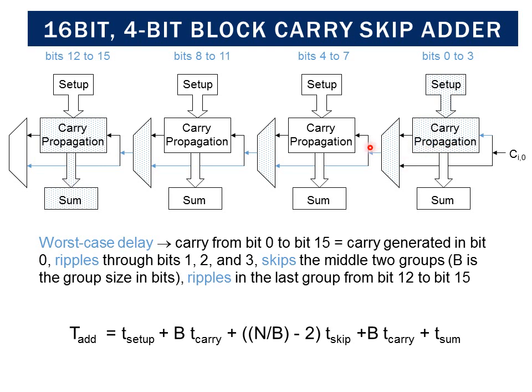That means at this point you will be getting C4 equal to 1, and then it skips the next segment. This segment is skipped, this segment is also skipped, and then it enters the final block at this point, and it ripples through all the adders of the final block. That is, it propagates through bits 12 to 15, and that is the worst case delay.